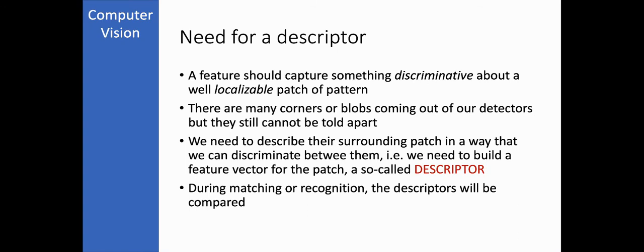But they still cannot be told apart. What we need now is to describe their surrounding patch in a way that we can discriminate between them. So we need to build a feature vector for each patch around an interest point, a so-called descriptor. During matching or recognition, these descriptors will be compared across images or across a database of descriptors.